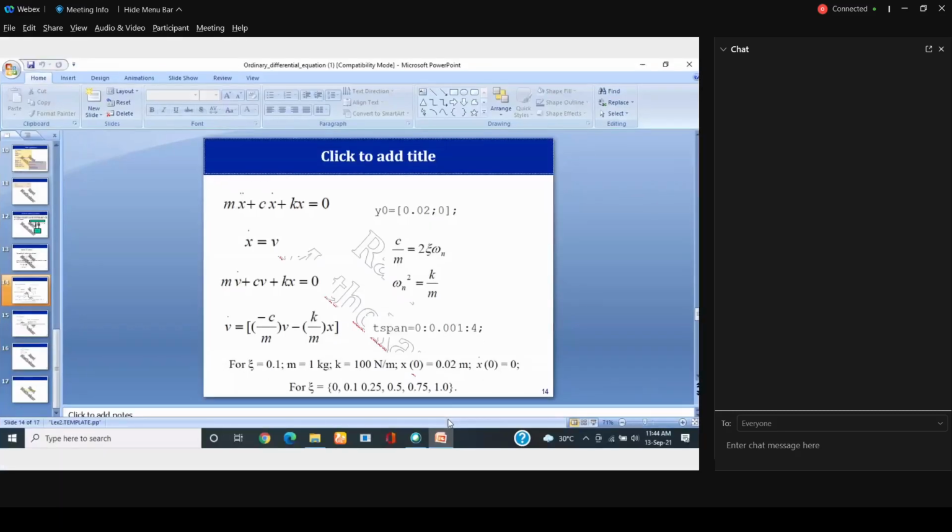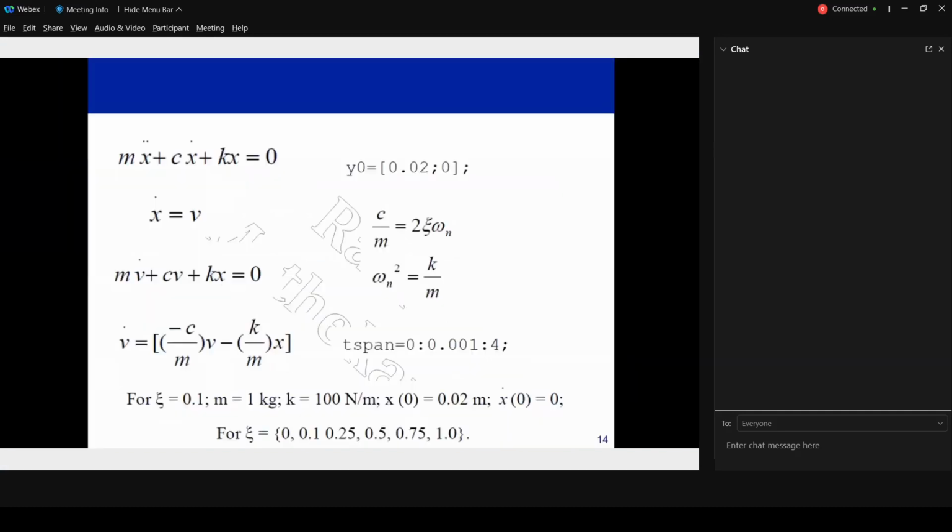For different values of zeta, we'll have to find the solution for these differential equations. I was thinking that we could add one more argument of zeta to the function and change it in the script itself. Where is it changing?